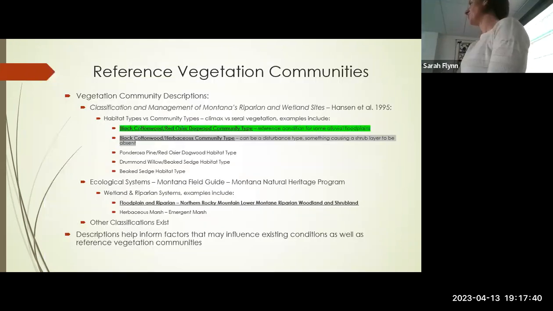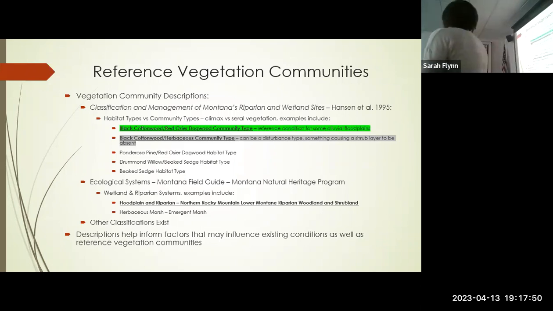So then how do we determine if it's a reference community or if it's a disturbance community? This is where we go to the literature again for some of this. I picked a couple of classification and vegetation community descriptions. Hansen, the riparian classification of Western Montana's riparian and wetland sites.